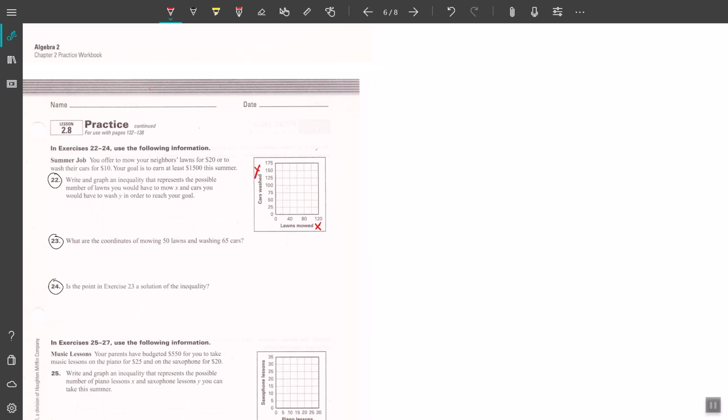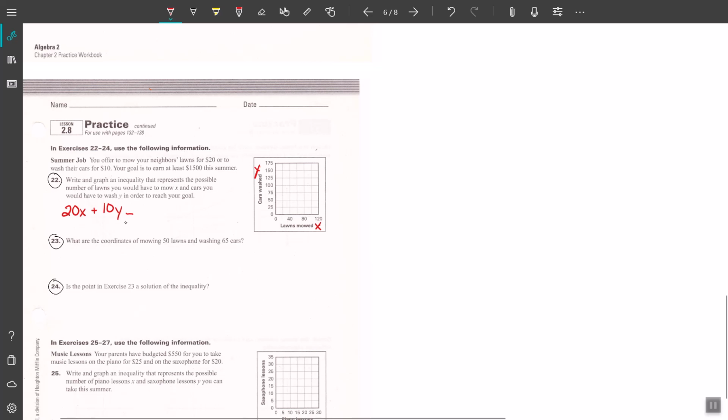So we're going to write an inequality. The expression to show how much you're making in lawn mowing would be 20 times X, however many lawns you mow. You'll add to that every time you wash a car for $10, and the number of those cars that you wash, Y. And now that has to be, if you're going to meet your goal, at least $1,500.